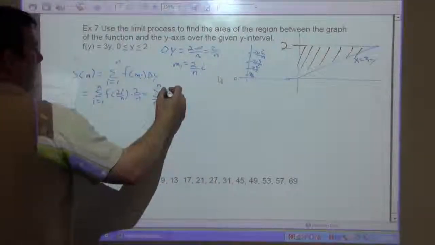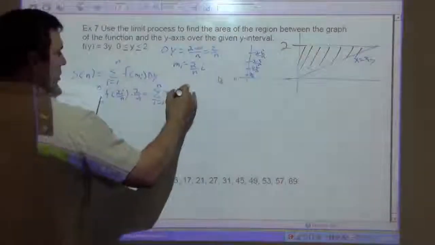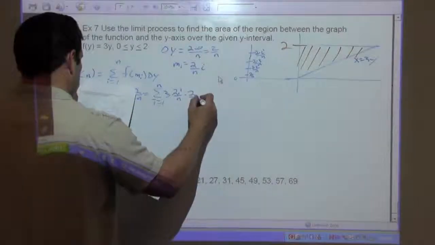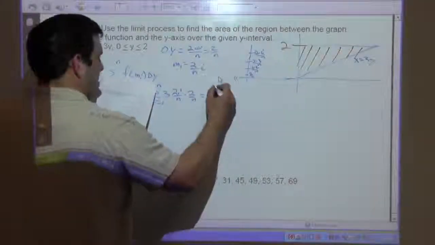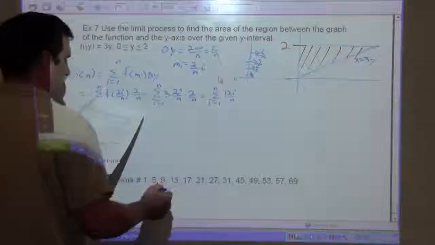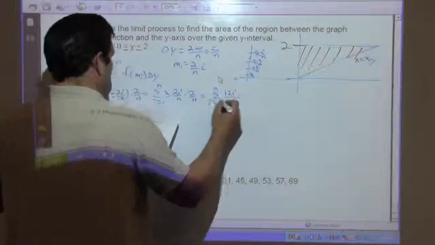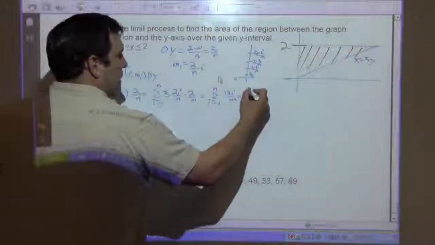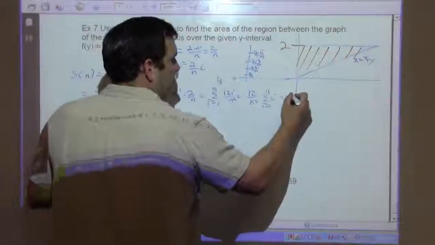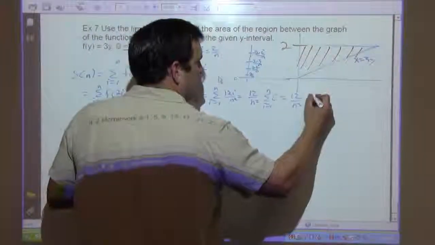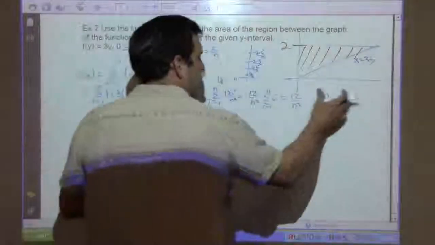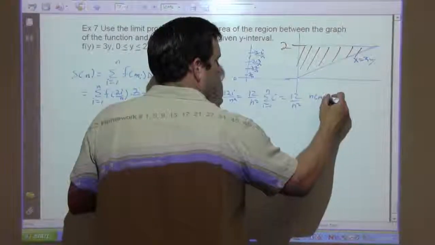That is what? 3 times 2i over n times 2 over n. 3 times 2 times 2 is 12i over n squared. I'm going to pull that 12 over n squared out. We have the sum i goes from 1 to n of i. That's 12 over n squared times, no, sorry, n times n plus 1 over 2.